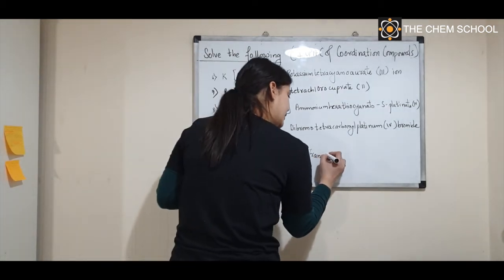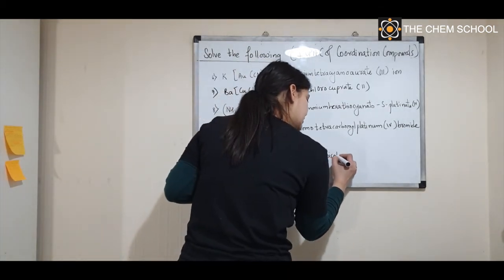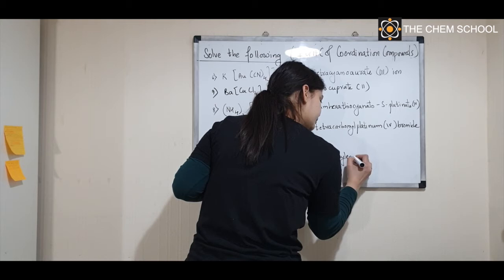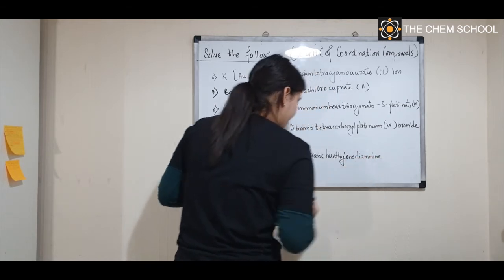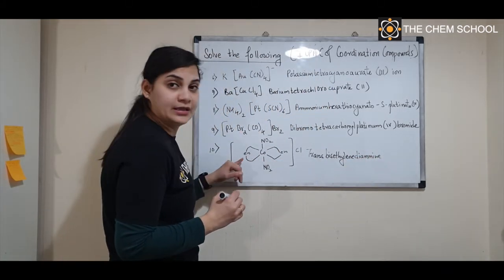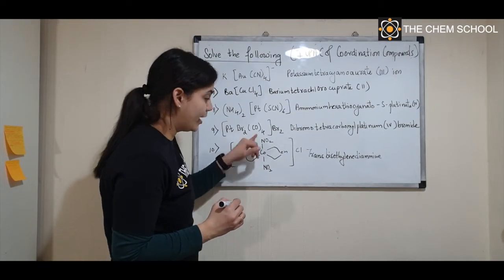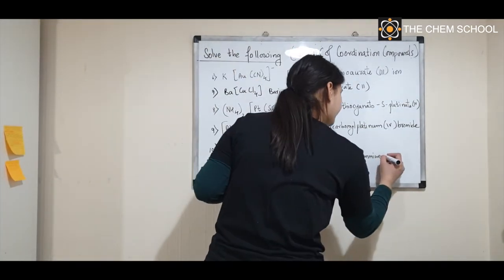So trans, then you will say bis ethylene diamine. Many books you can see double M written. Okay, so bis ethylene diamine, then you have 2 nitro, so dinitro.